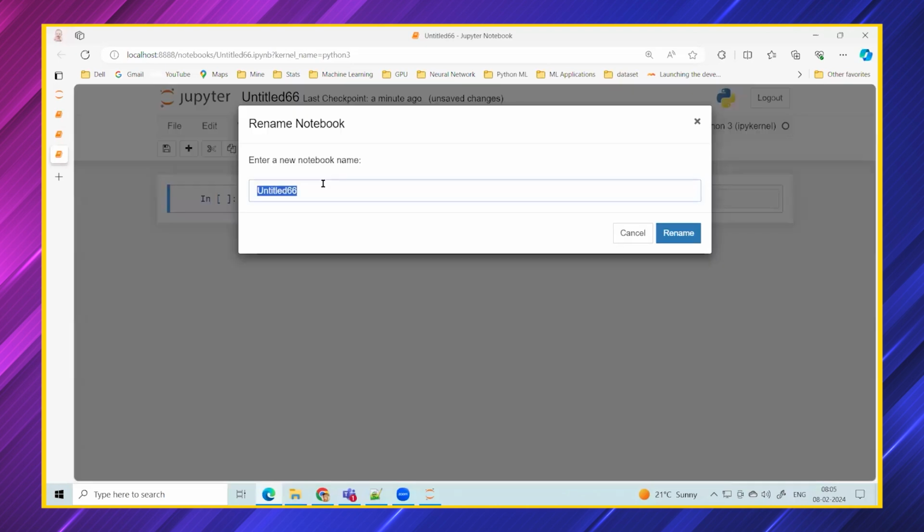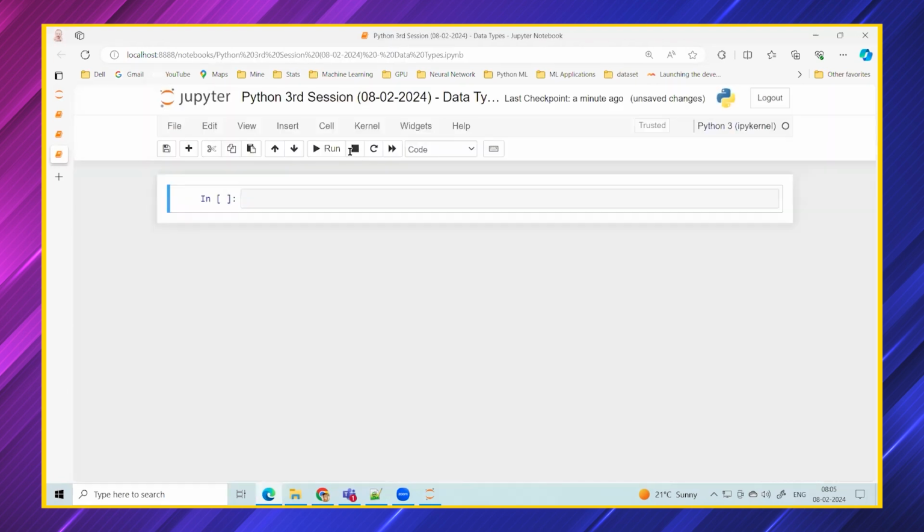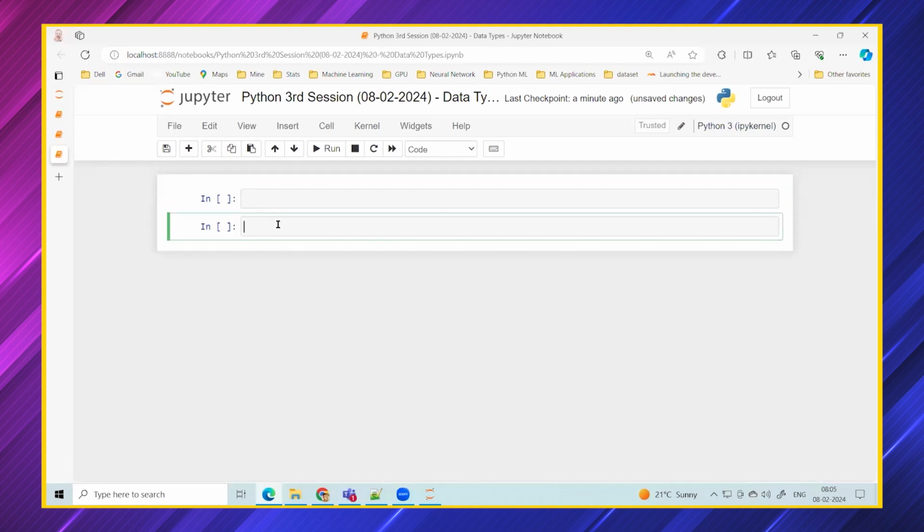And for today's session, let's mark it as Python third session, and the date is today's 8th, and we are going to cover data types. Okay, now let's see what these data types are.